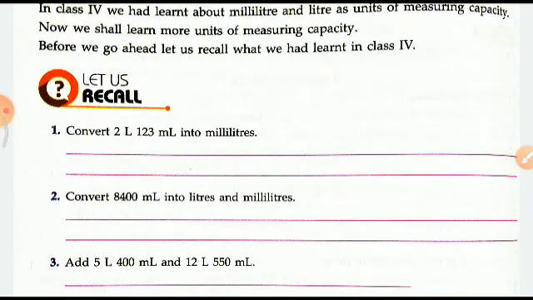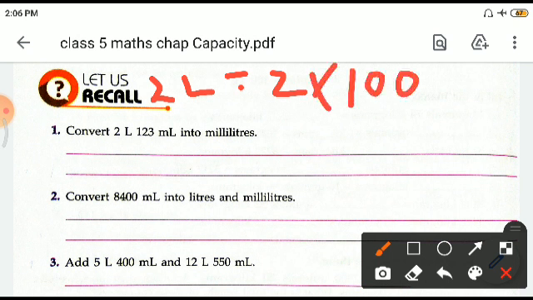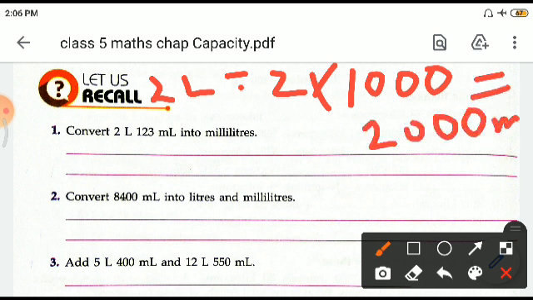Convert 2 liter 123 milliliter into milliliters. So we all know that 1000 ml is equal to 1 liter. So firstly let us convert 2 liter into milliliter. So we get 2 L is equal to 2 into 1000, which is equal to 2000 ml.